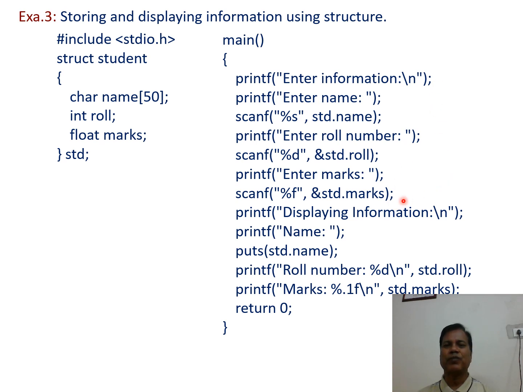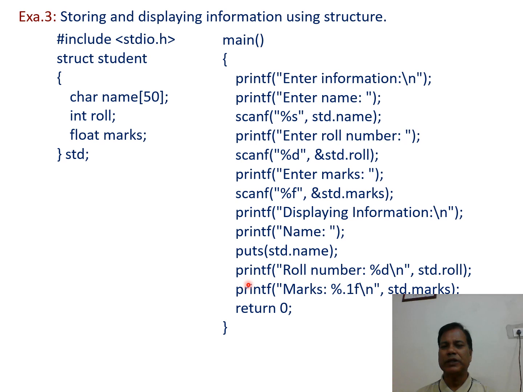After storing the three records, that is name, roll number and marks of the student, using printf statements again we can print this information. So the printf statement "Displaying information:" is printed on the output screen. Then printf "Name:", and for this one puts(std.name). This is a function just to print strings on the output screen.